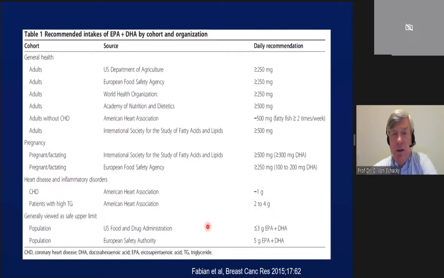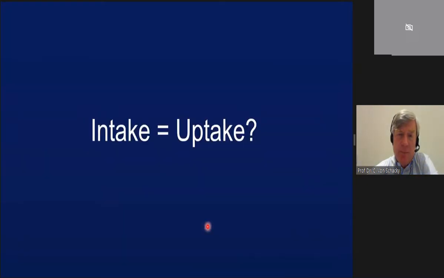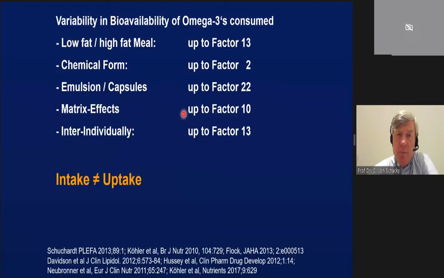So there is an uncertainty about how to dose the EPA and DHA, the marine omega-3 fatty acids. If you give such a recommendation, you assume that what you put into your mouth, because that's what is recommended, also shows up in your body, meaning is being taken up by your body. But this is not guaranteed.